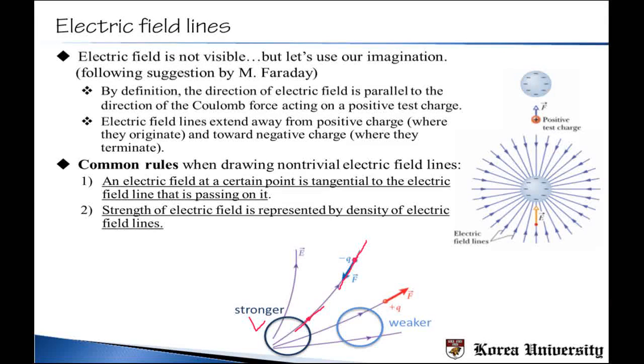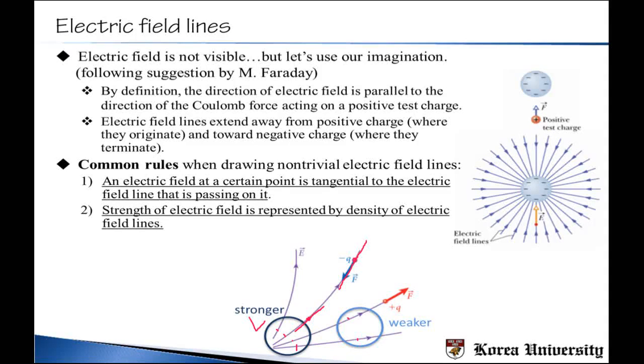And then the second rule is that the strength of the electric field is represented by the density of electric field lines. Let's compare these two circles. They have the same area, but inside the left circle you will see 1, 2, 3, 4 lines, while on the right-hand side you have only 1, 2 lines.